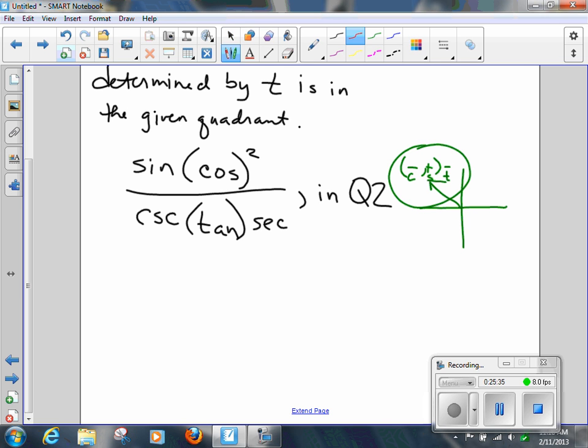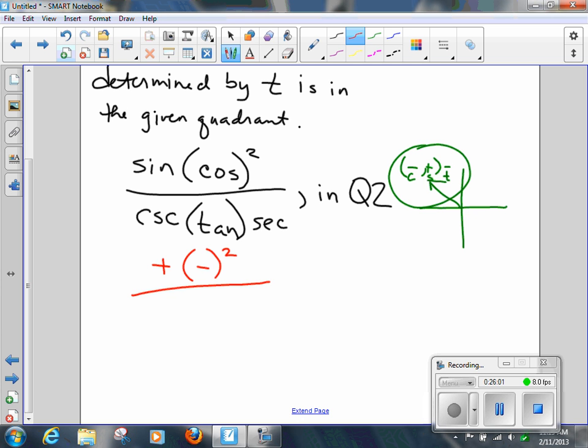What is the sign of sine in quadrant 2? Positive. What is the value of cosine in the second quadrant? Negative. And notice that it's squared. Cosecant in quadrant 2 is what? How do I do that?